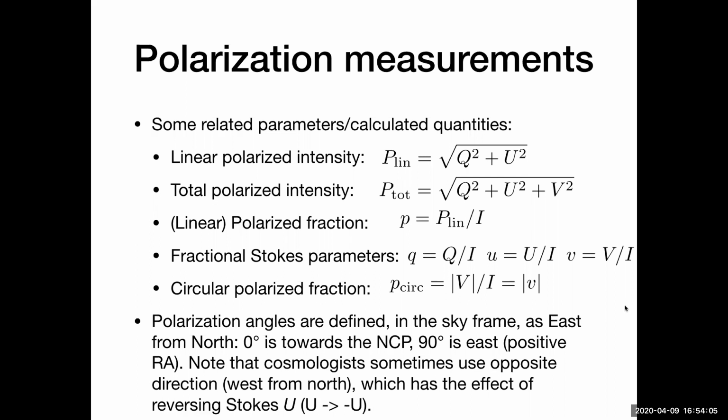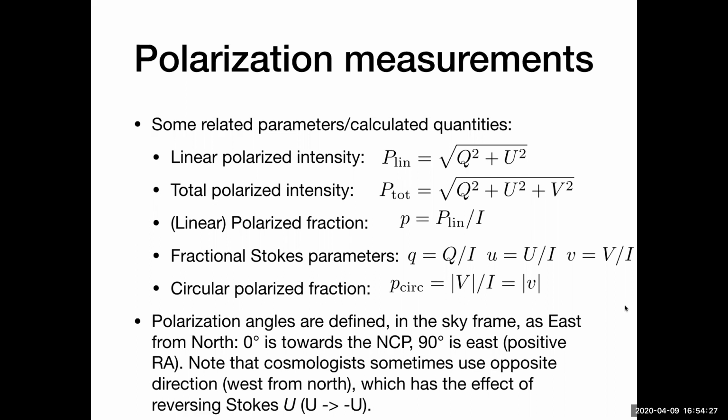While the measurements are in the instrument frame of reference, whenever we want to talk about Stokes parameters and polarization in an astrophysical sense, we want to do it in the sky frame of reference, a universal frame of reference that is reproducible between observations.